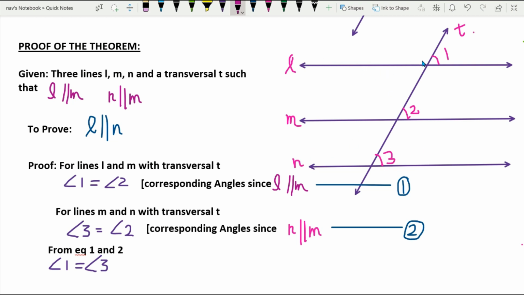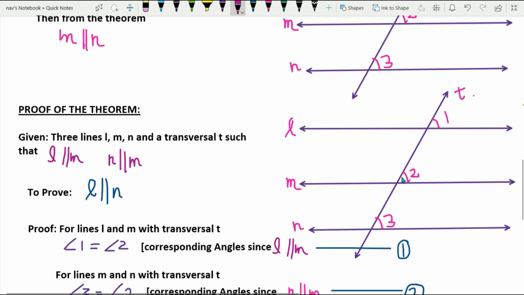So line L will be parallel to line N, because for these two lines angle 1 and angle 3 are the corresponding angles, and we just proved that they are equal, from equations 1 and 2. So they are parallel, lines L and N.